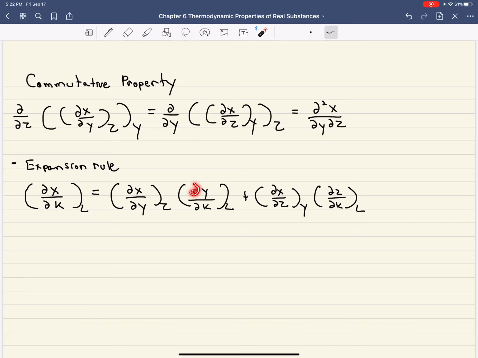You're multiplying it by like a dy over dy and a dz over dz. Okay? So that's what the expansion rule tells us.